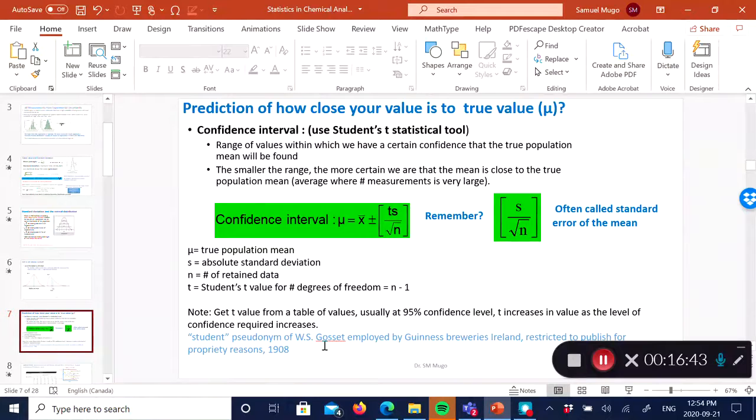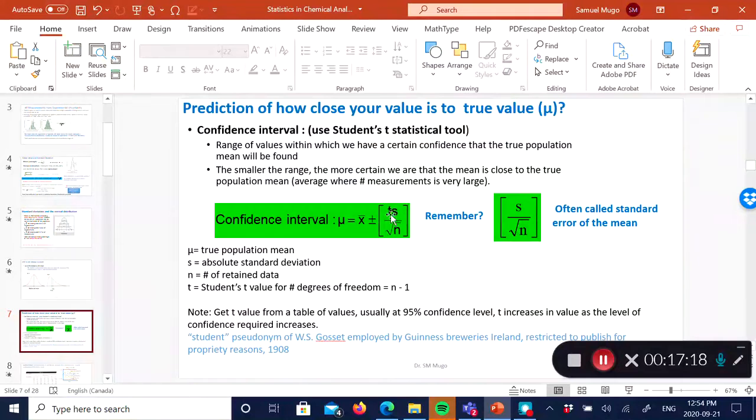But because he was restricted from publishing his work for proprietary reasons, they called him the student, so his name was not actually used. So the t, in this case, is a set of data with fairly well experimentally determined constants at each individual confidence interval. And so that one you get from the table.